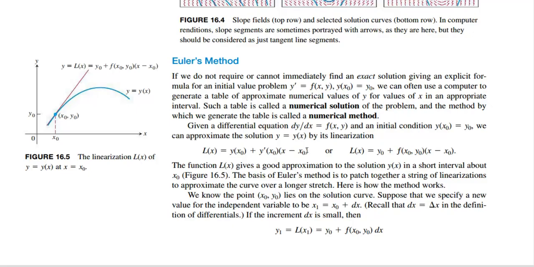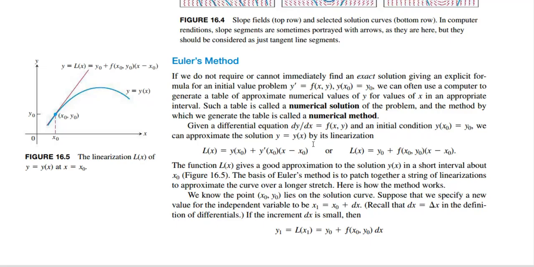This gives us a good approximation to the solution y of x in a short interval about x0, as we see in the figure here. Remember our idea here is if we zoom in on this point, this line will approximate the curve if we zoom in tight enough.